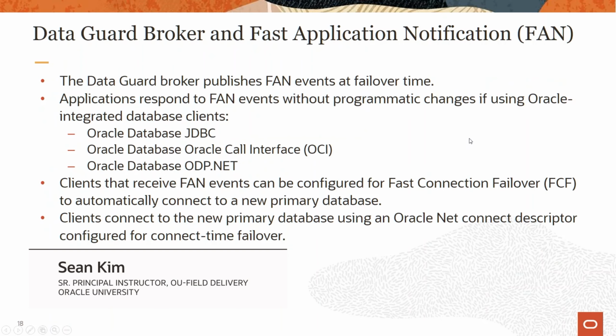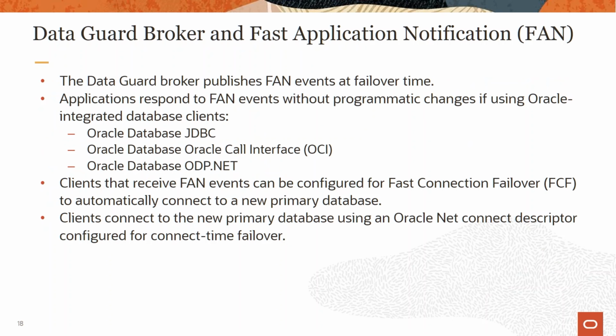So, Data Guard broker and Fast Application Notification. The Data Guard broker publishes a FAN event at failover time. So after the role gets changed as a result of a failover, the Data Guard broker publishes a FAN event to notify applications about the database role change.